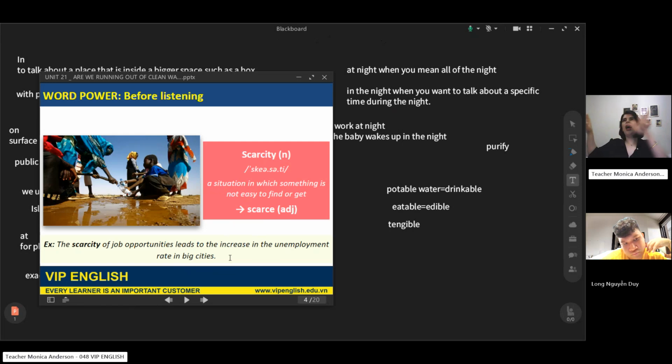Big cities, actually, I want to ask you, rural life or urban life? Lack of enough job positions leads to increasing unemployment rates. But which area do you think, urban, big cities?